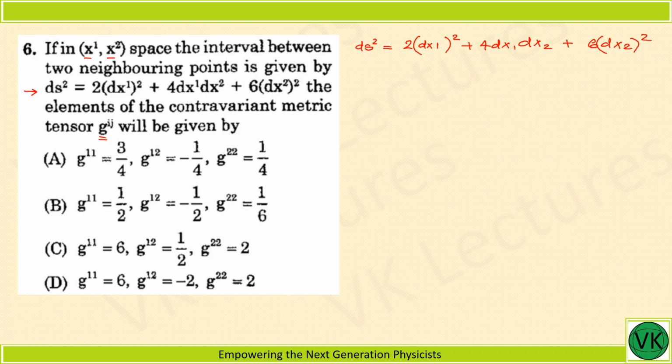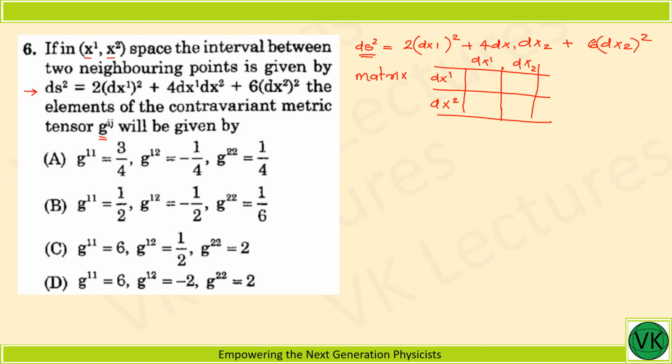Now we need to find the matrix which defines this distance or the separation. For that we are considering dx1, dx2, similarly dx1, dx2. So this gives us the matrix. Here we need to fill this up.